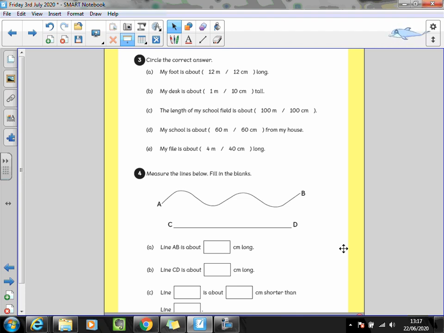Line AB is about how many centimetres long? Question B. Line CD is about how many centimetres long? Question C. Which line is about how many centimetres shorter than the other line? So you're going to use subtraction there. How many centimetres shorter is one line than the other?